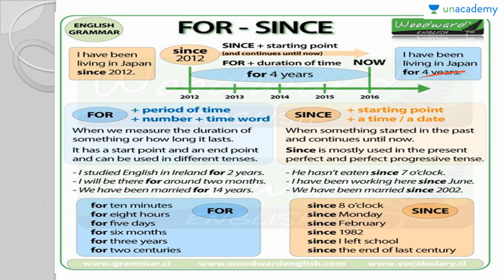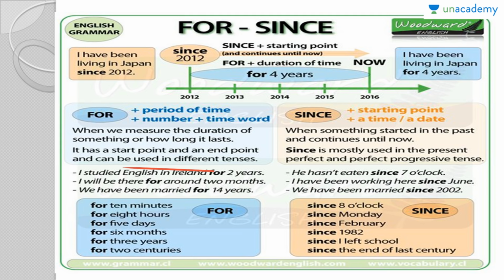So for is used with a period of time, number plus time word, and since with a starting point, a time or date. That is what is in these two examples. When we measure the duration of something or how long it lasts, we use for. It has a start point and an end point and can be used in different tenses.